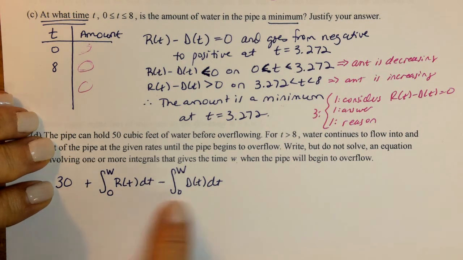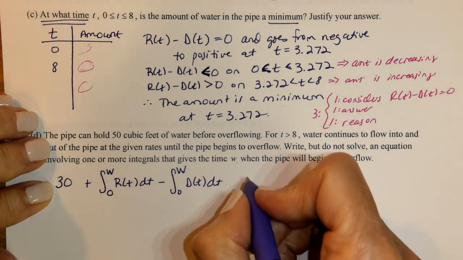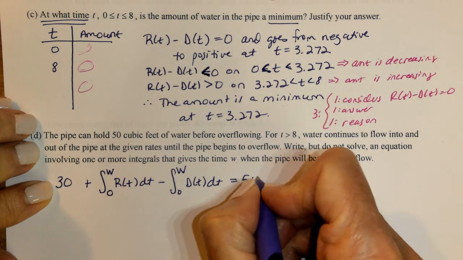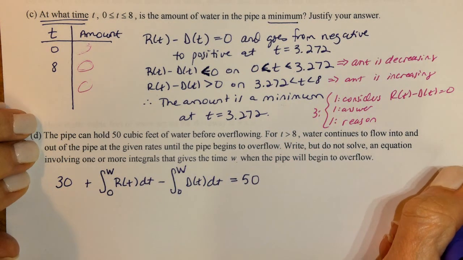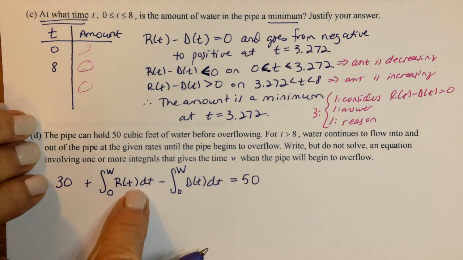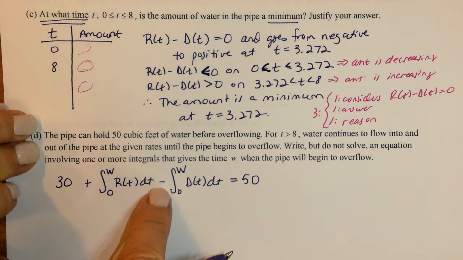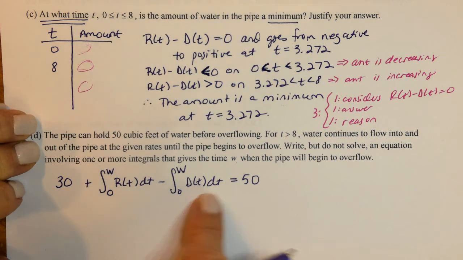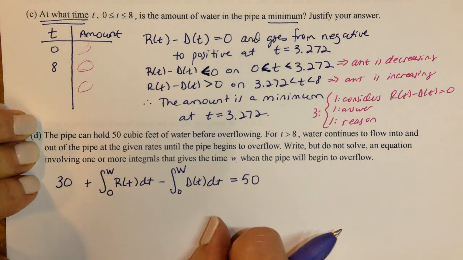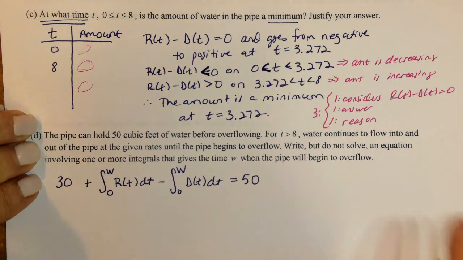So that will do it, and we just want to find out when is this equal to 50. So the amount that we start with plus the amount that came in minus the amount that went out, we need for that to be 50. So this equation will give it to us.